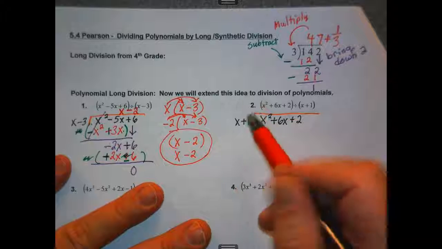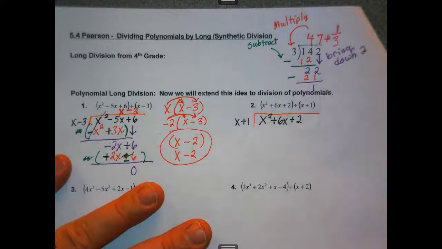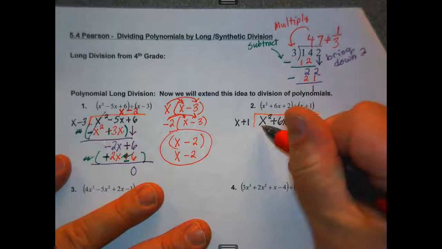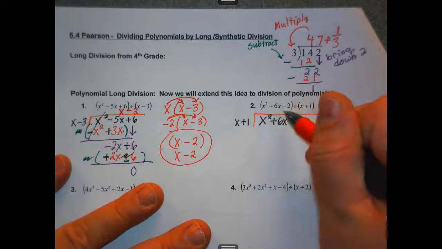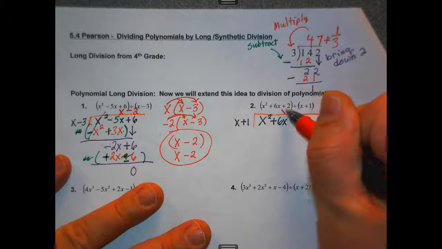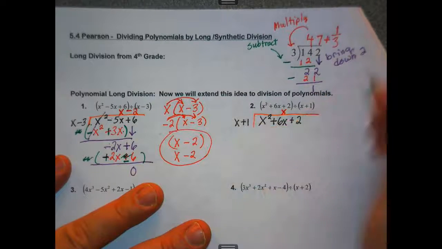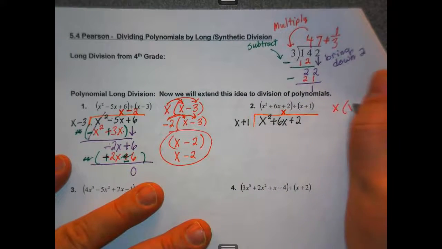Okay, how do I make x into x squared? Yep, so I'm going to put it over the x position here. So I'm going to take x times x plus 1.